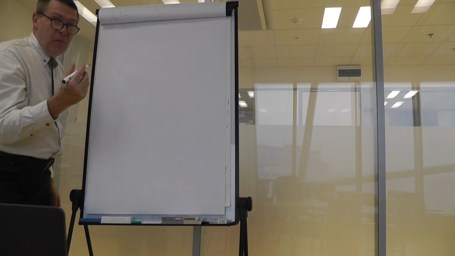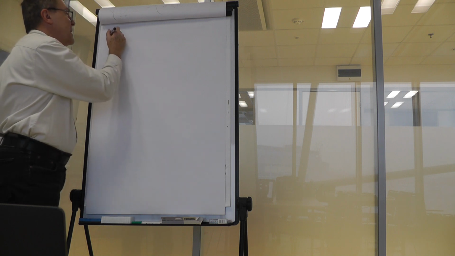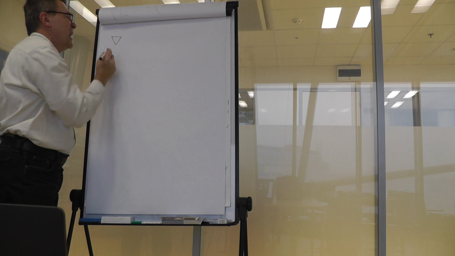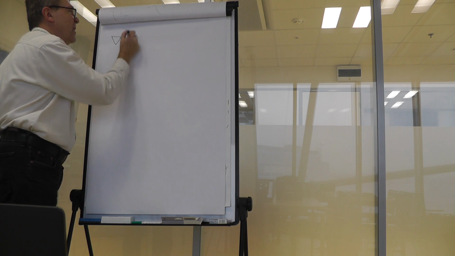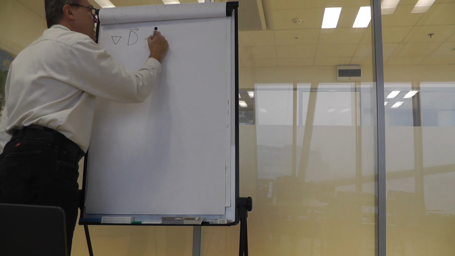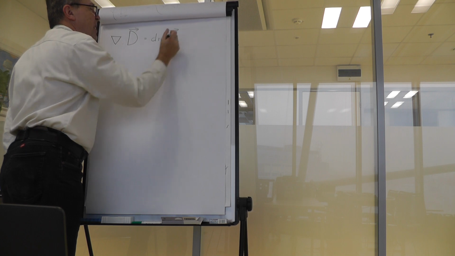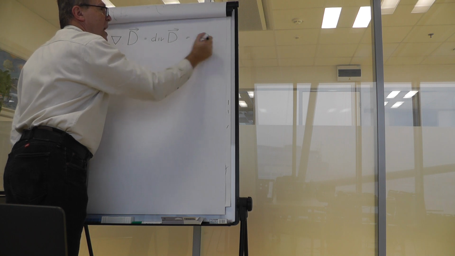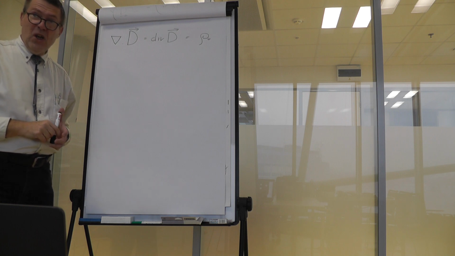Now I will put it down in two notations. Some of you may like one, some of the other. So we have a nabla dot product with D, which is also referred as divergence D, and that is equivalent to the density of electric free charge.